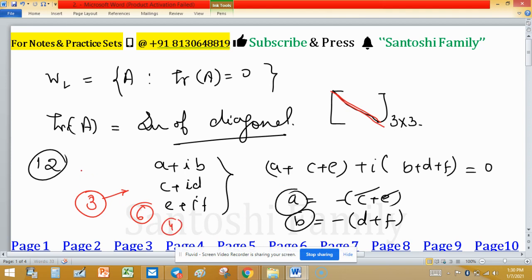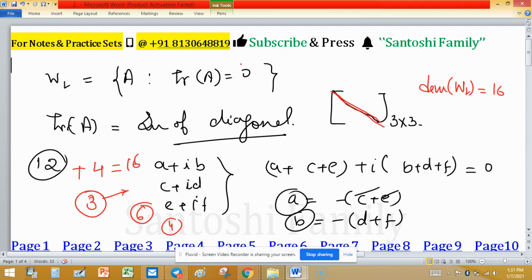So 12 plus 4 is 16, and at these 16 positions you are free to choose any value from the field. So the dimension of W2 is 16.